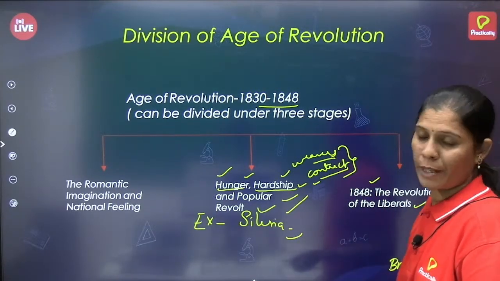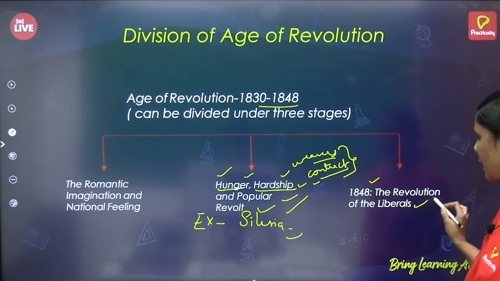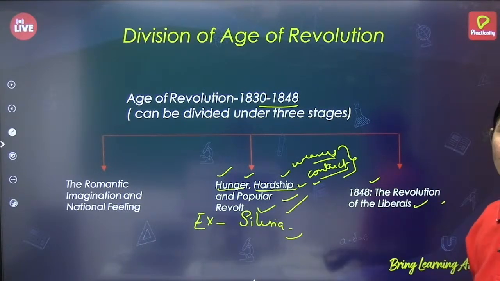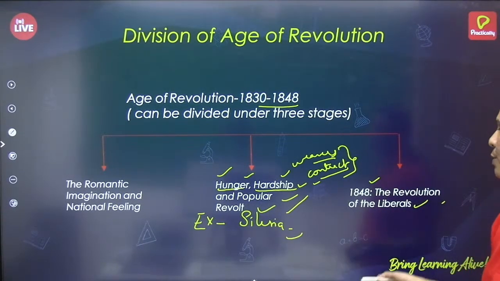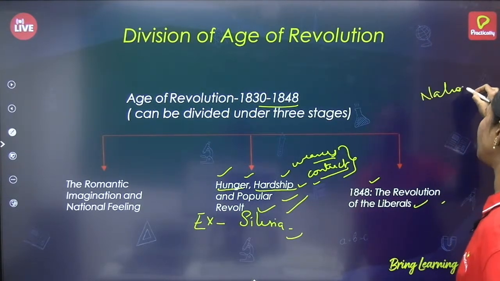Now in different countries, liberal movements were spreading, and liberal organizations were developing, that is, national assemblies were forming in different countries.